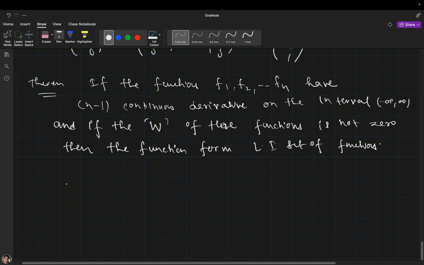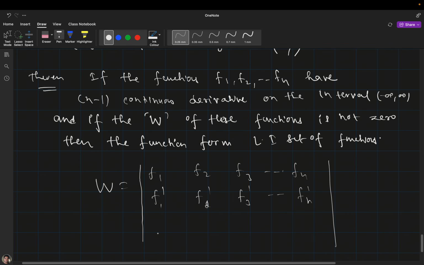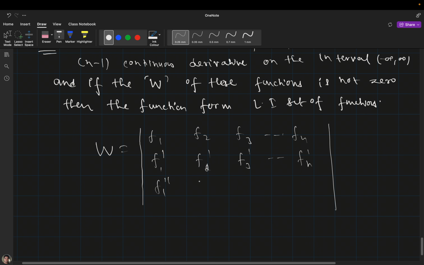Here the Wronskian means the determinant of f1, f2, f3, ..., fn in the first row, the derivatives of f1, f2, f3, ..., fn in the second row, the first derivative, and the third row is the second derivative, up to the n minus 1th derivative. Now you will think that this is not in our syllabus, but it is in your syllabus.